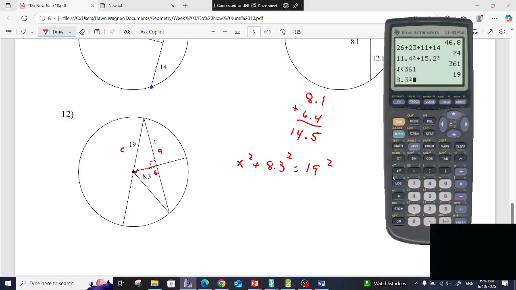So anytime you have a right triangle and you're looking for a missing side length, you can use Pythagorean theorem. Now, if you have a right triangle and you have an angle on only one side, then you use trigonometry. So Pythagorean theorem is for a right triangle and a missing side. Yep.